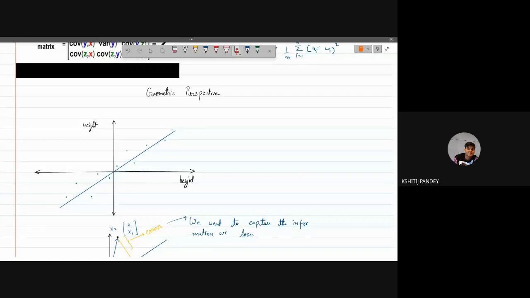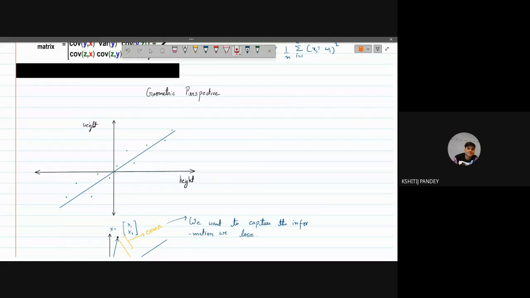The sole purpose of both axes is to represent height and weight respectively. So from this, you can say that the direction of the x-axis and the direction of the y-axis are the best directions to capture the variance of height and weight respectively. So the x-axis captures the variance of height best, and the y-axis is the direction that captures the variance of weight the best.